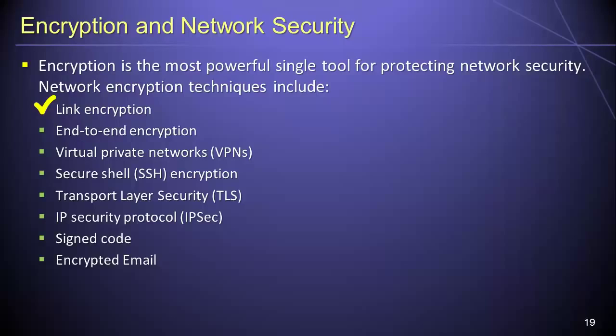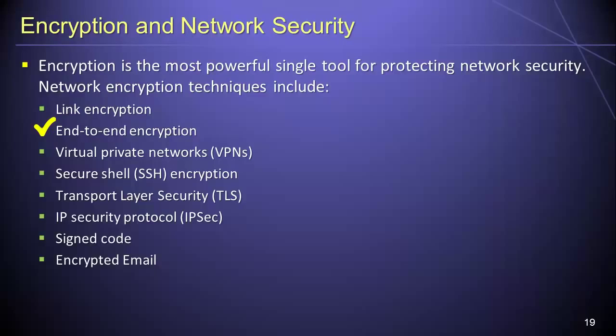In link encryption, data are encrypted just before they are transmitted over a communications link and are decrypted immediately after arrival. As opposed to link encryption, in end-to-end encryption, data are encrypted and decrypted at the highest levels of the network protocol stack.